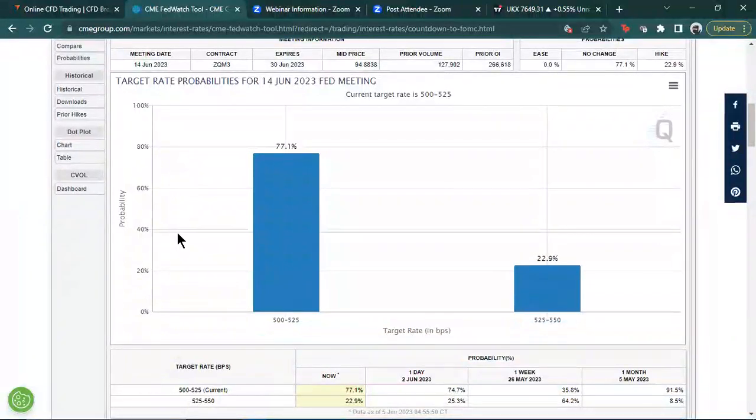And you can see this idea of the FOMC skip narrative. That's where they hold rates: a 77% chance that we hold rates at 5 to 5.25%, and just a 23% chance that there is a rate hike coming, 25 basis points.